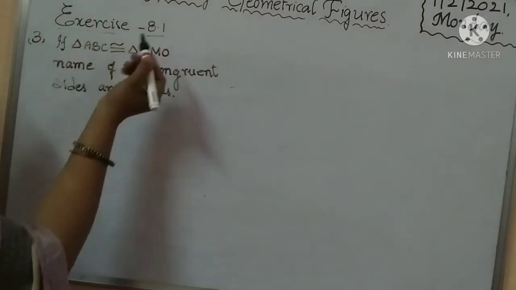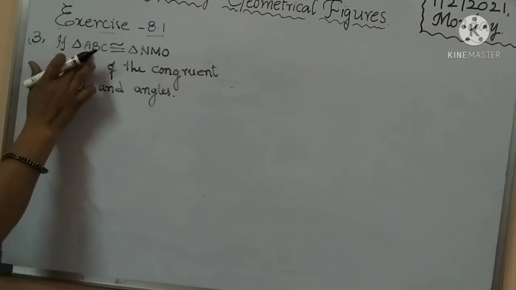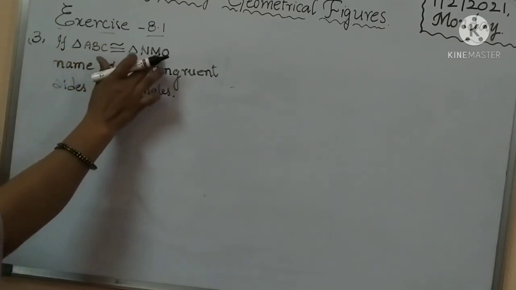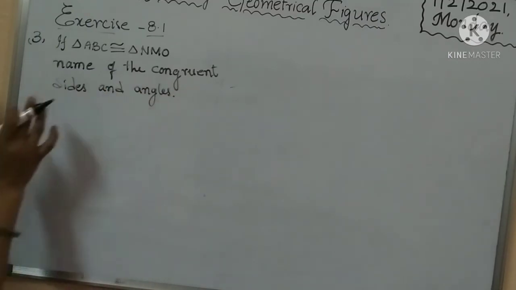Third problem. If triangle ABC is congruent to triangle NMO, name the congruent sides and angles.